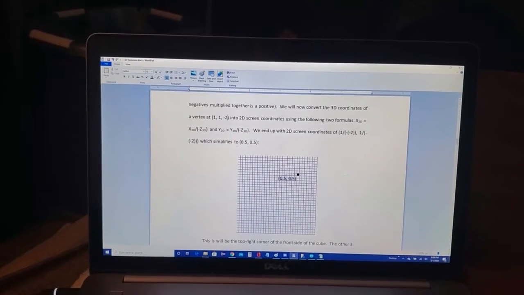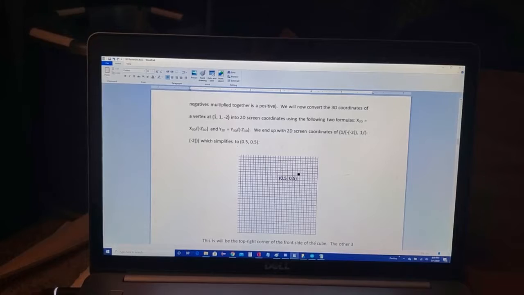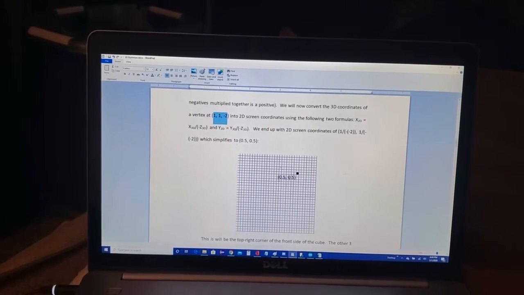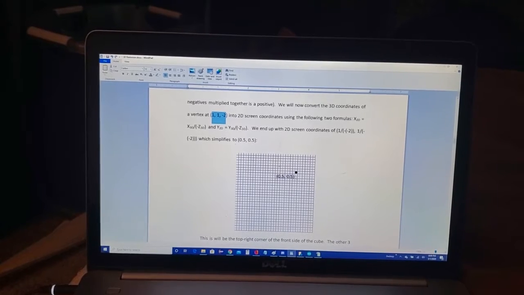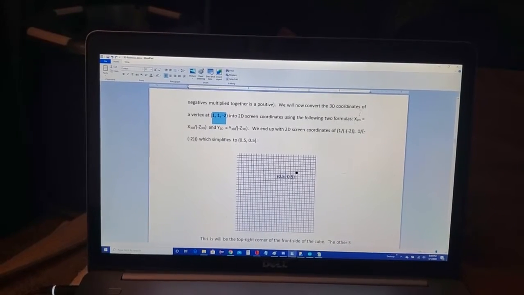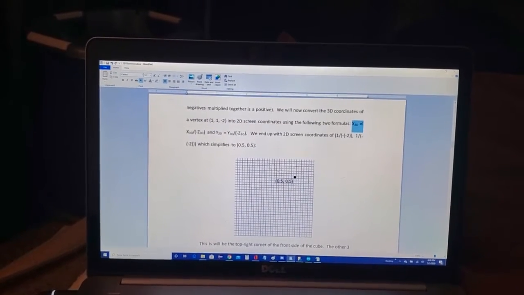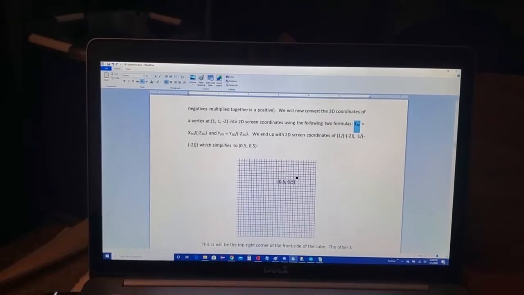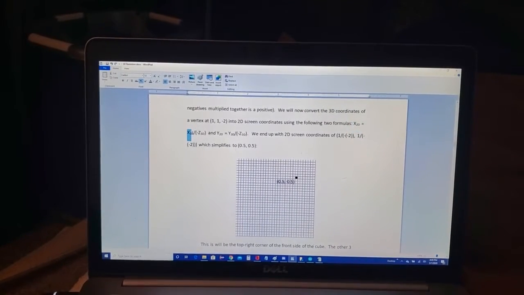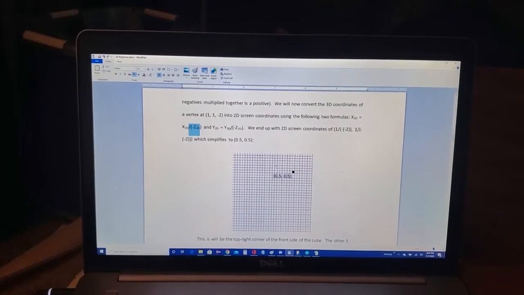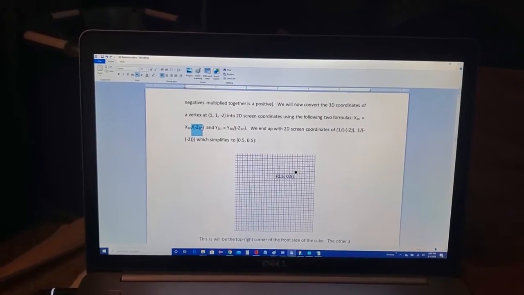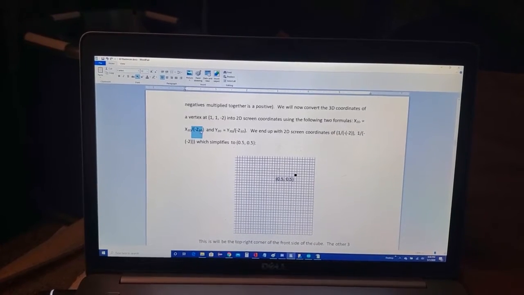So the algorithm that converts these 3 coordinates here into screen coordinates of 0.5, 0.5 is that we take the x value of the 3D value, that is, and then we divide it by the negative z value so that we get a positive number, because z is negative to start with.